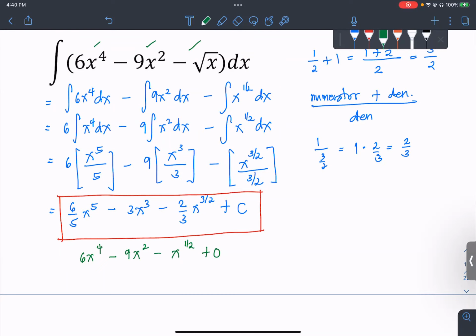Saan po galing yung negative 3? Ay, dito. Kasi ito, 9, divide mo sa 3. It's the same as 9 times 1/3, which is 9 over 3, which is 3.